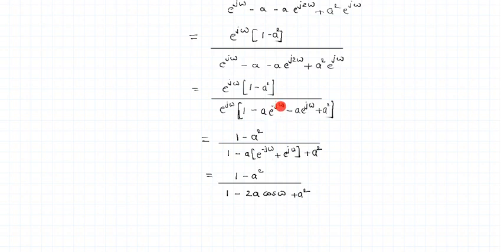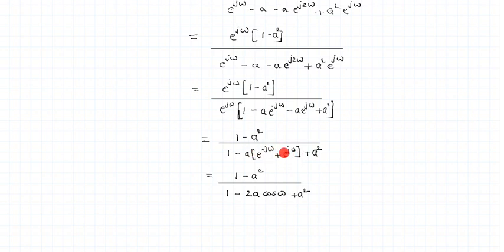E raised to minus j theta plus e raised to j theta. Right? That's why to make it in that form, we have taken minus a common. So taking minus a common, what remains is e raised to j omega plus e raised to minus j omega plus e raised to j omega. Right, now this is in the form e raised to j theta plus e raised to minus j theta. It is in this form.